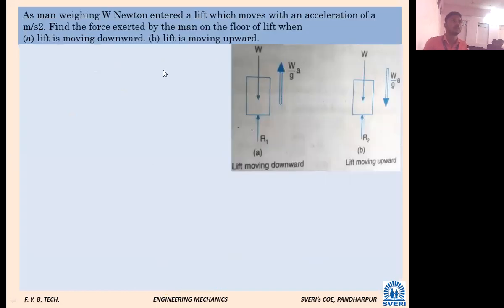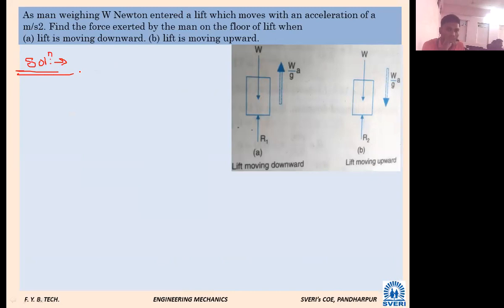Next problem, a simple one. There is no calculation as such in it. A general problem. A man weighing W Newton entered a lift which moves with an acceleration of a meter per second square.